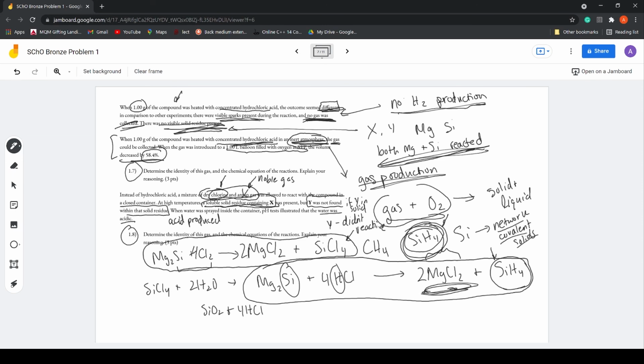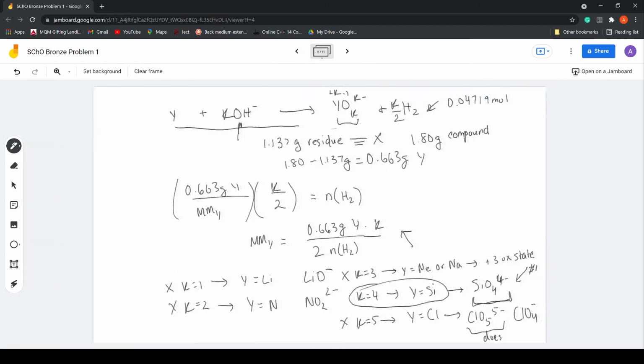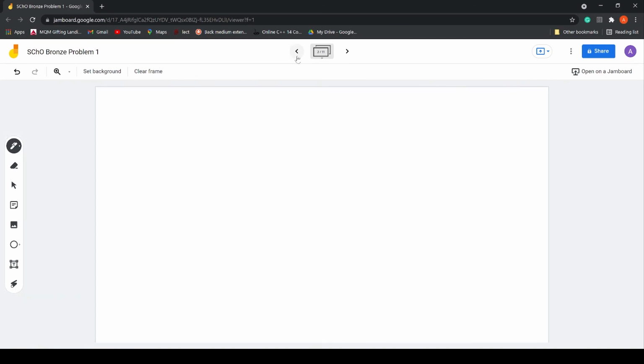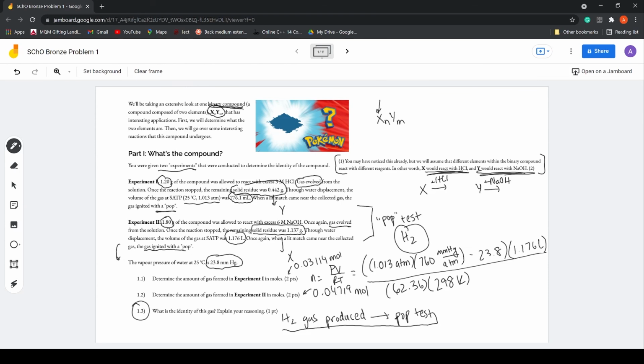Look at the fact that a soluble solid residue is formed. For example, in previous parts, if we go back, look at gas evolving, look at the pop tests, look at stuff like that, right? These are all really important things to look at and to think about.